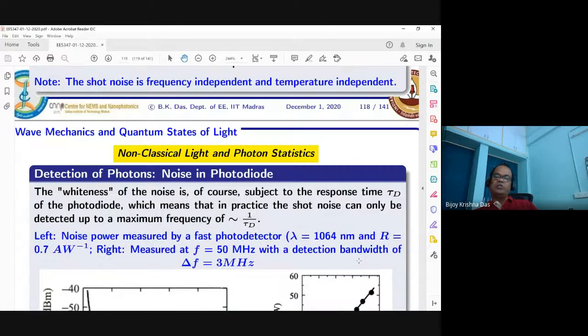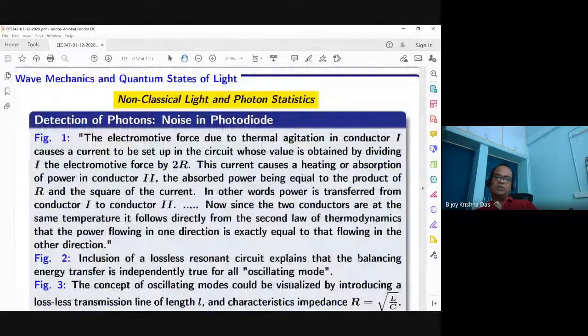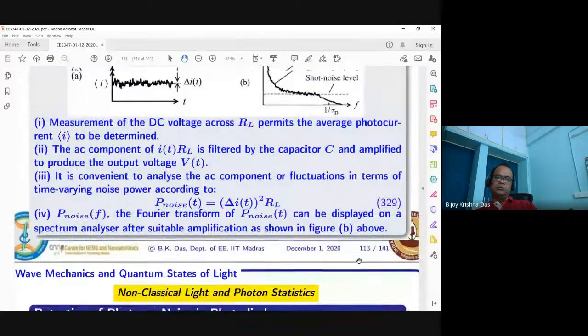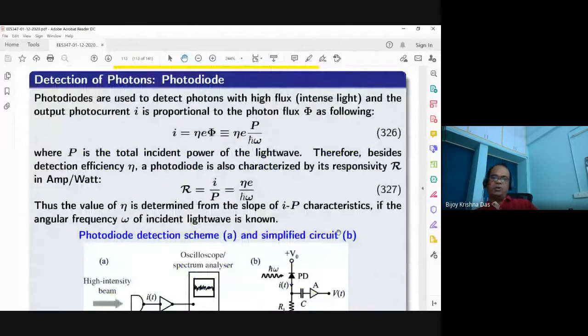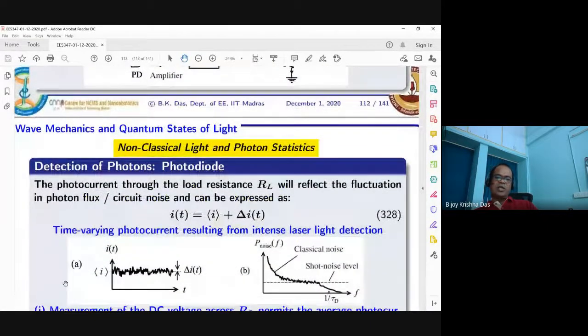So if you go back there, you see, you increase your optical power, that will be increasing your current. This is the average current you will be getting, this average current plus fluctuations. So this average current depends on your power.